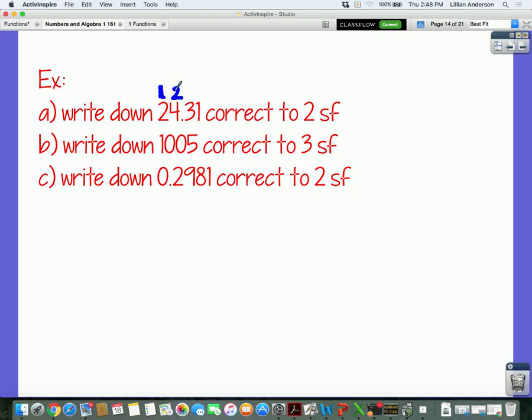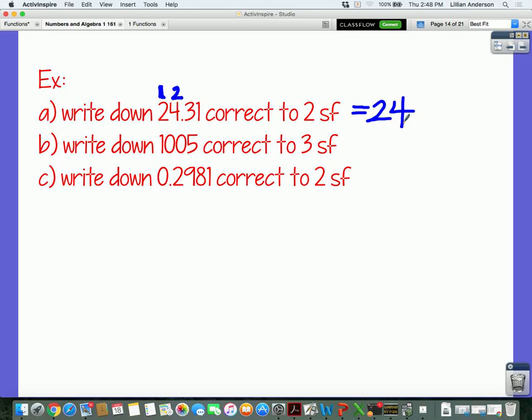But the rules for rounding still apply. If the number after where I'm supposed to stop is 5 or larger, I'm going to have to round up. But since it's not, my answer is just going to be 24. That is correct rounding to two significant figures.